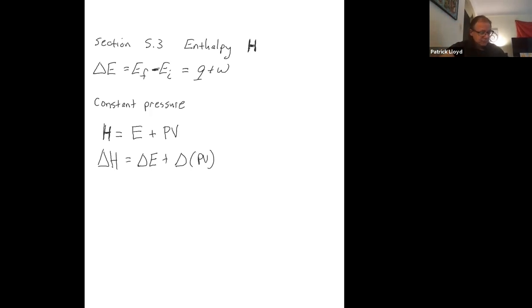So I can rewrite this as delta E plus P delta V. It turns out, if pressure is changing, that complicates things. It's still soluble. It's still something we can solve, but it gets more complicated. So we're going to look at this situation where the pressure is constant. So this is what we can use if the pressure is constant.